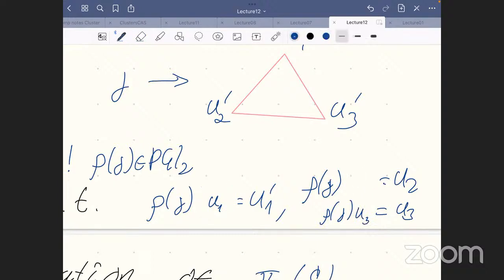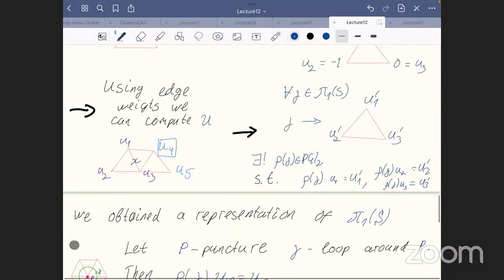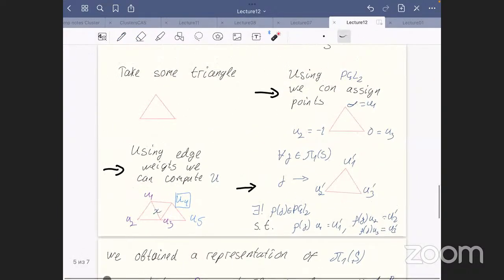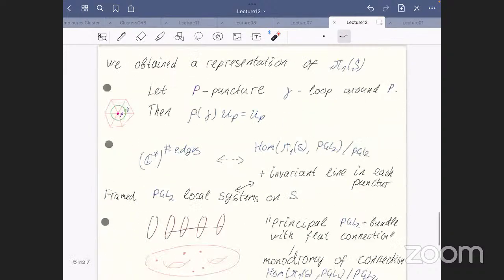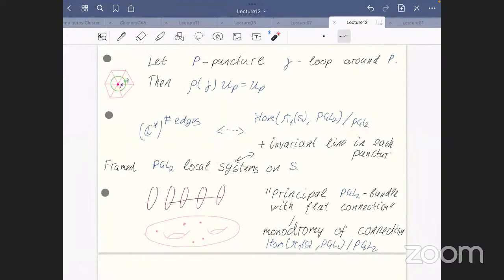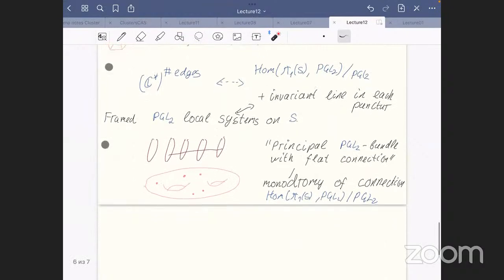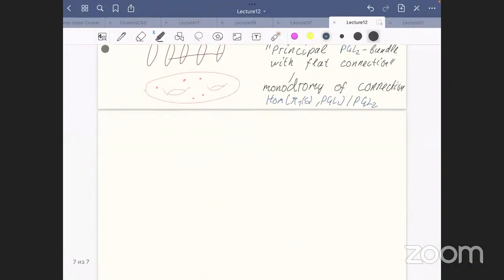But anyway, these are just notations. I started from a certain triangle. If I started from another triangle, I can obtain another representation, another matrix formally. So everything is defined up to this conjugation.